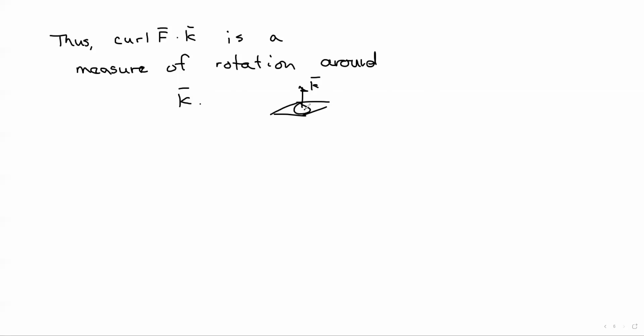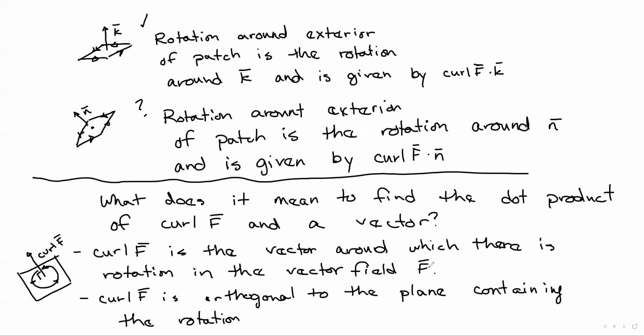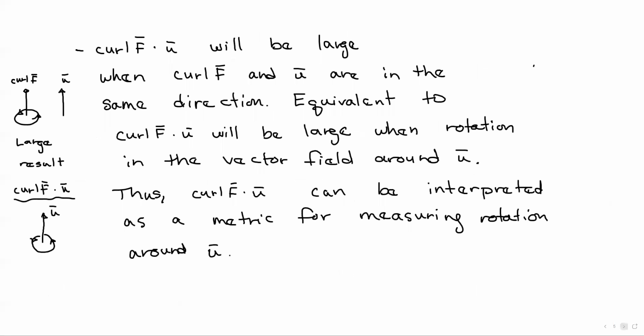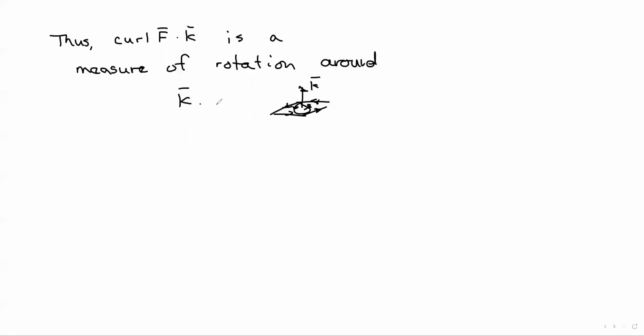Rotation around k is going to look like this. Oh, and that suspiciously looks like rotation around the patch. And so we know this is true. We have already proven this result, that curl of f dot k is a measure of rotation around k. So the previous couple pages in our thought experiment through what it means to dot product curl of f with a vector does prove true in the one situation that we have actually sat down and analyzed.